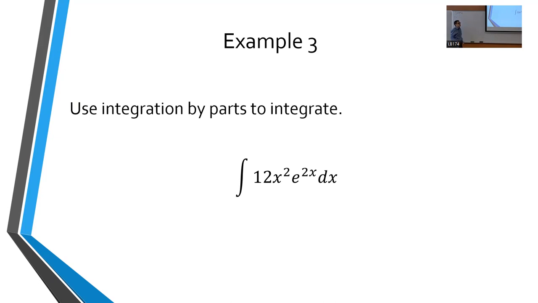Well, this is still polynomial times exponential. So polynomial times exponential means that the exponential piece is going to be my f prime, and my polynomial piece is going to be my g. So the 12x squared is going to be the g, and the e to the 2x is going to be my f prime.